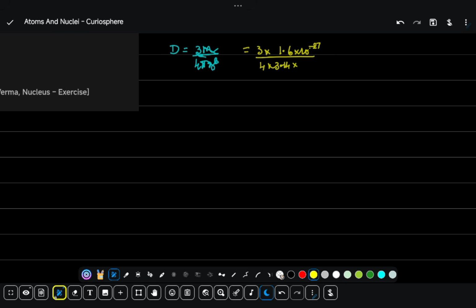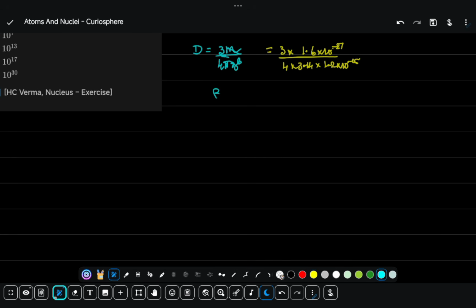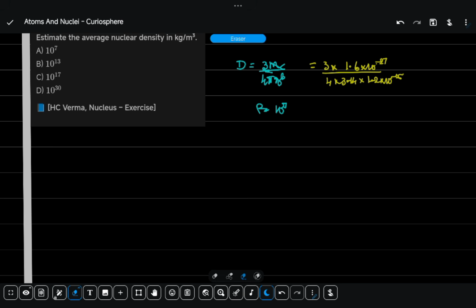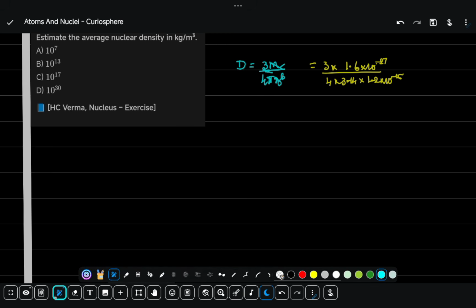What is the value of r naught? The constant in meters is 1.2 into 10 power minus 15. If you substitute, you will get the answer: D, or rho, is equal to 10 power 17 kilogram per meter cube.